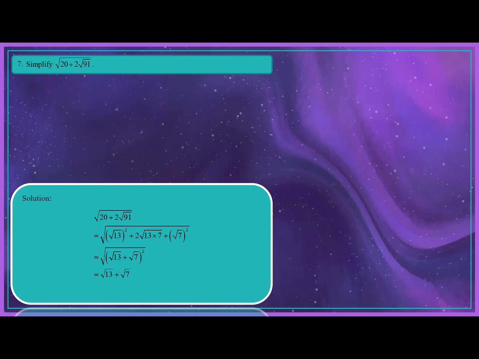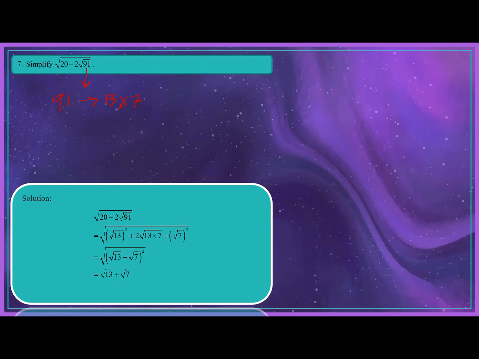the fastest way. As you can see, this would be your base point. First and foremost, look at the square root inside of the square root. You have 91. Your factors for that are 13 and 7, so this is 13 times 7.